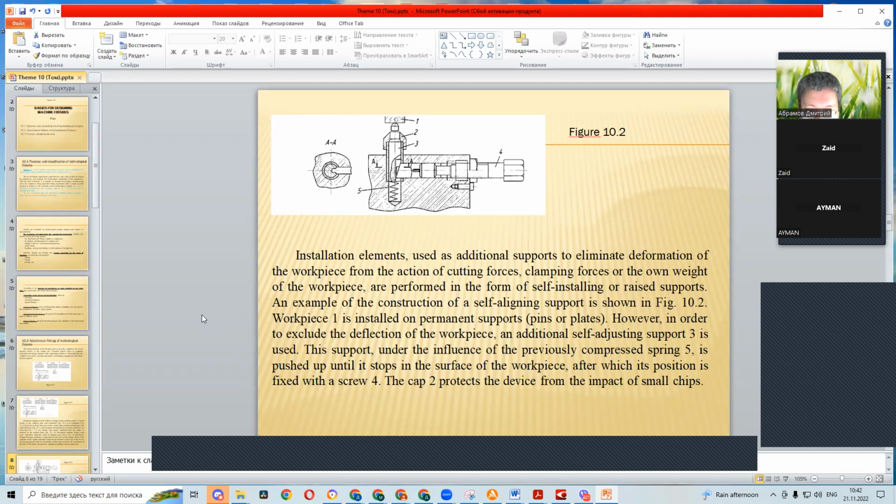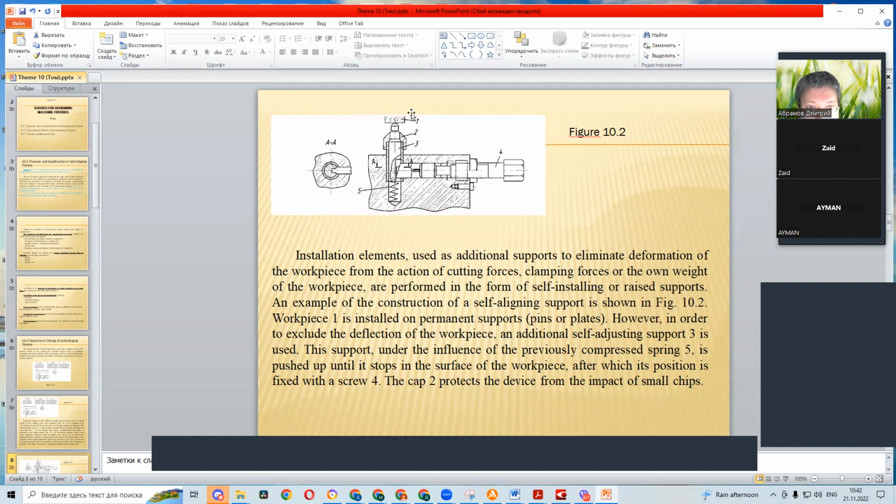An example of the construction of a self-aligning support is shown in figure 10.2. You can see this example in this figure.